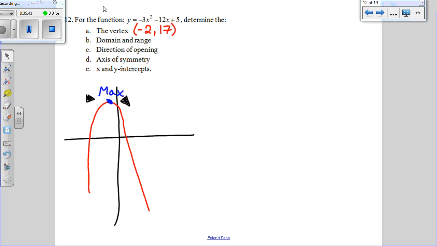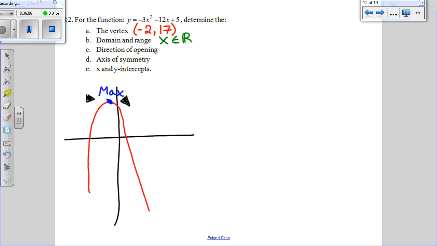All right, domain and range. We don't need our calculator for that. What's the domain always? X, P, R, and what's the word problem? What's our range going to be? Y is less than or equal to, because it's going to be below my maximum value.